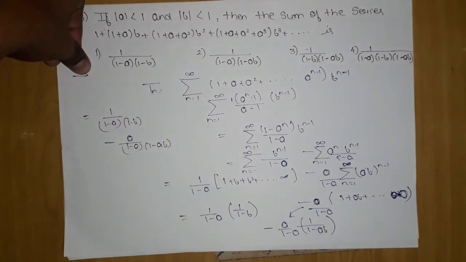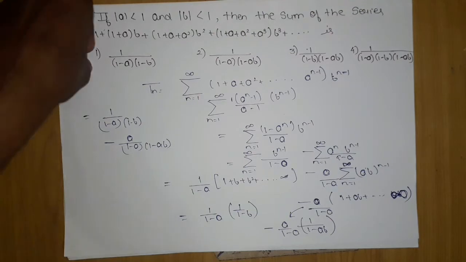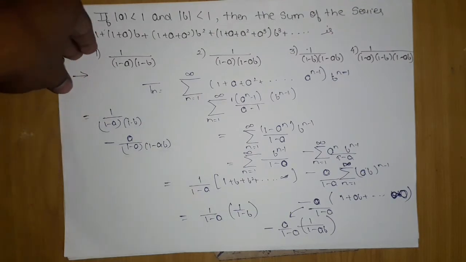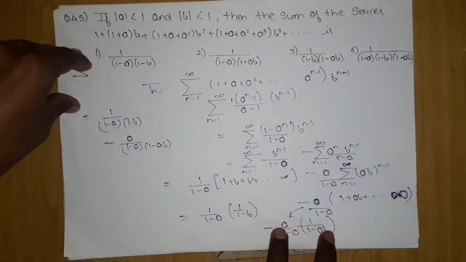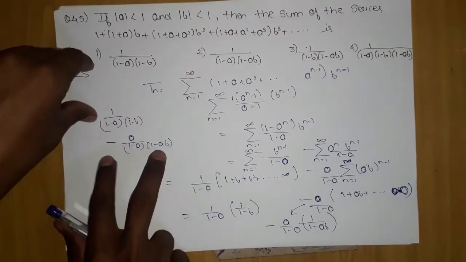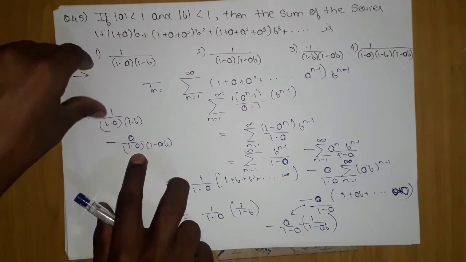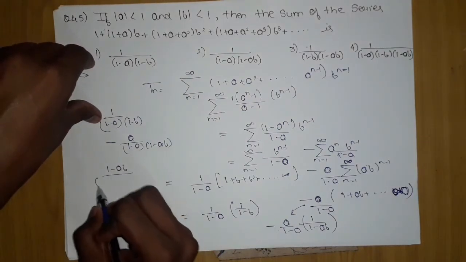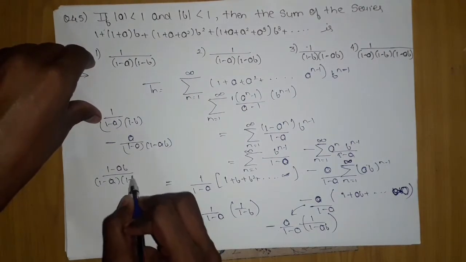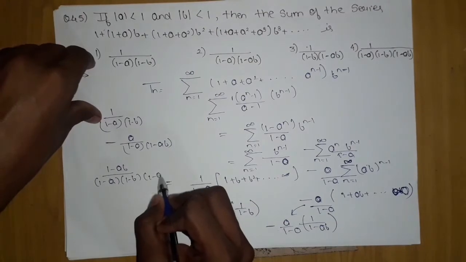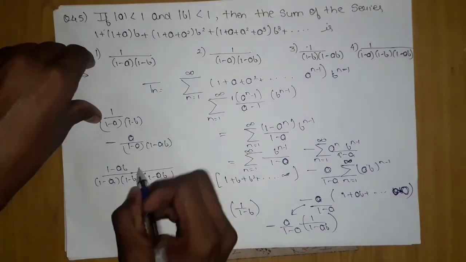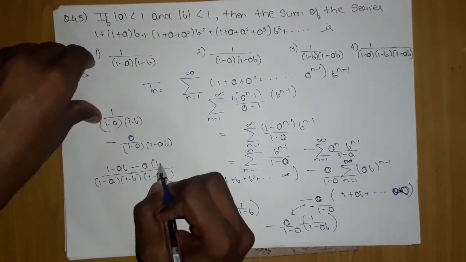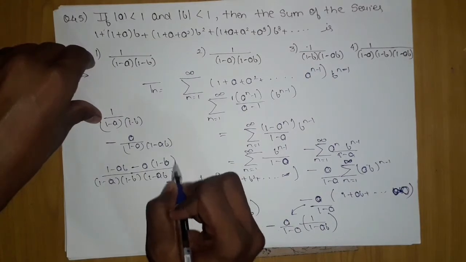Now to solve this, we will multiply this thing with 1 minus ab and this thing with 1 minus b, upon 1 minus a into 1 minus b into 1 minus ab. The denominator will become the same, giving me here a into 1 minus b.